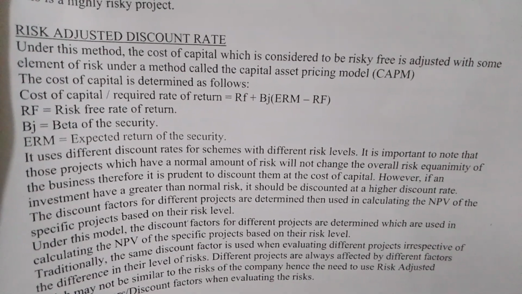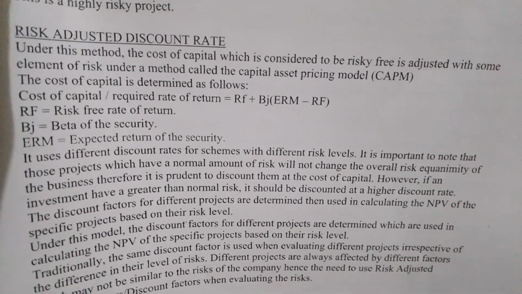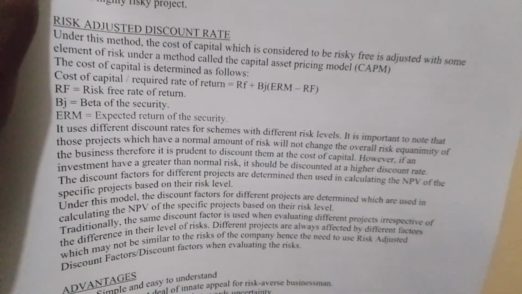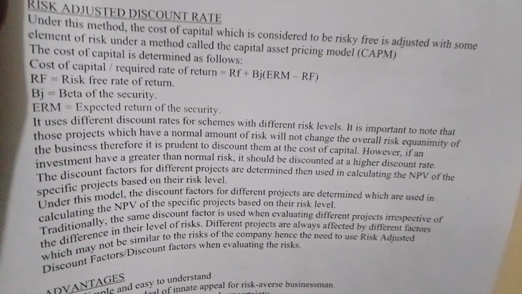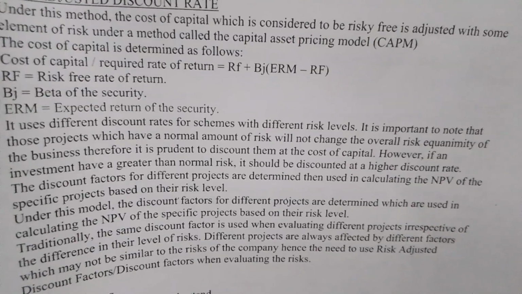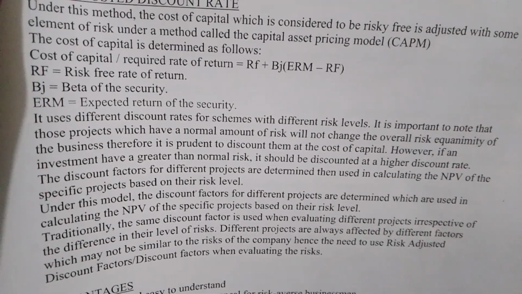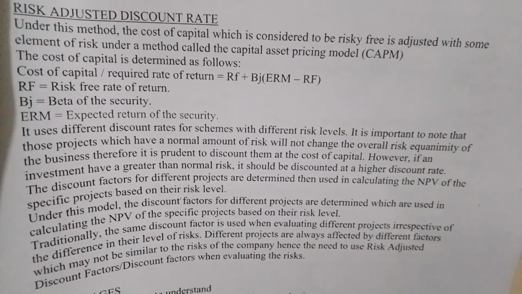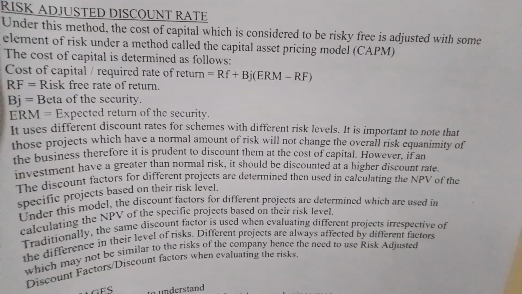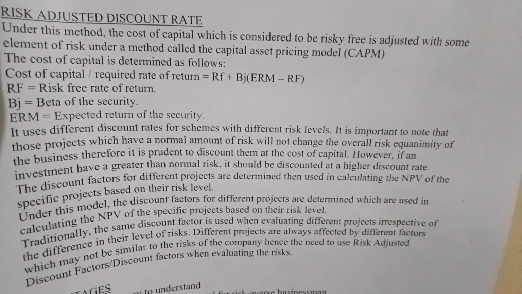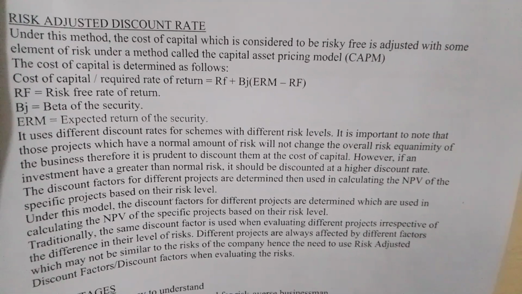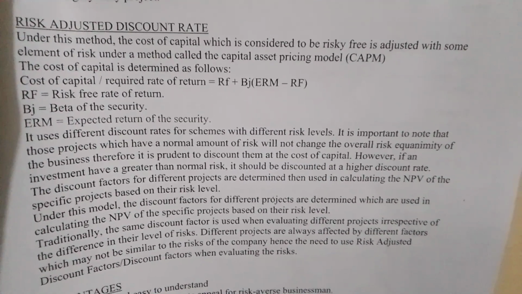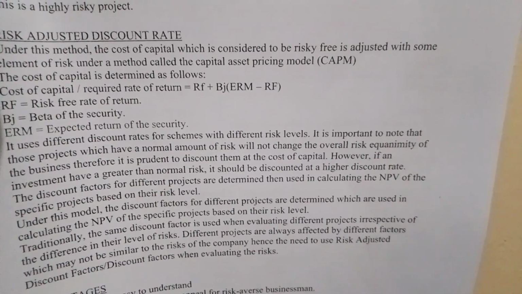It uses different discount rates for schemes with different risk levels. It is important to note that those projects which have a normal amount of risk will not change the overall risk equanimity of the business. Therefore, it is prudent to discount them at the cost of capital. However, if an investment has a greater than normal risk, it should be discounted at a higher discount rate.